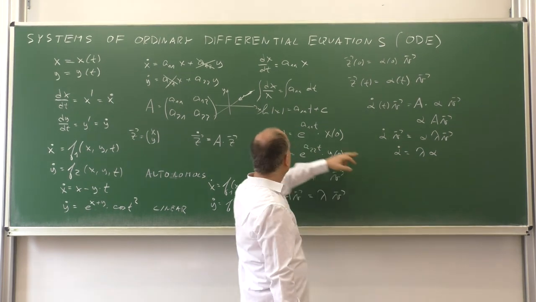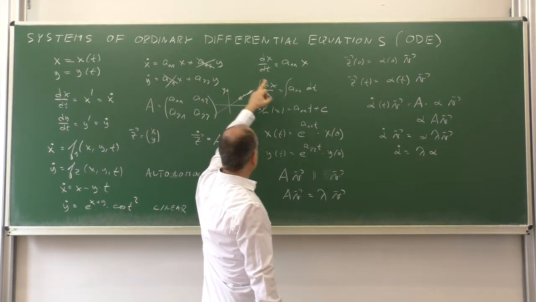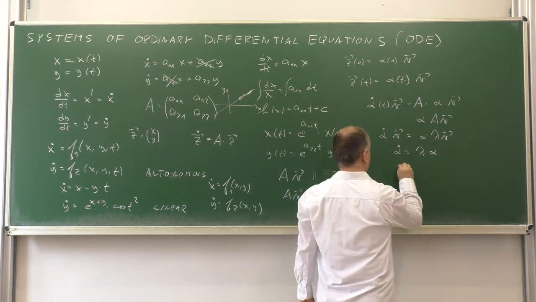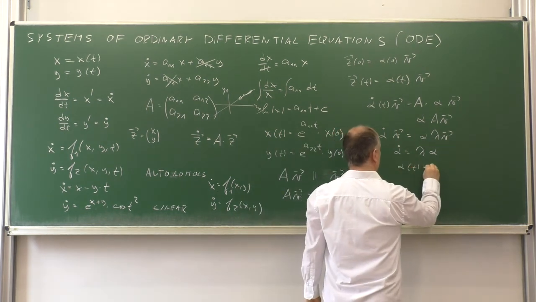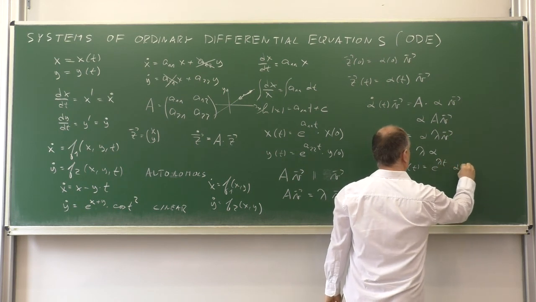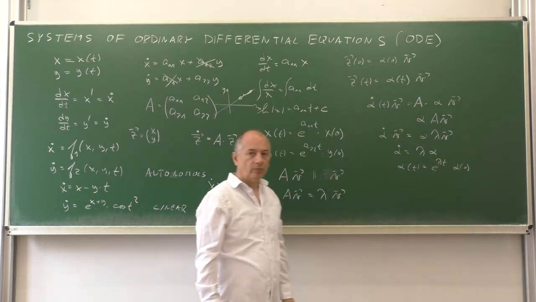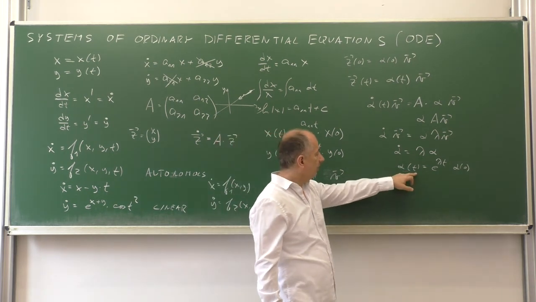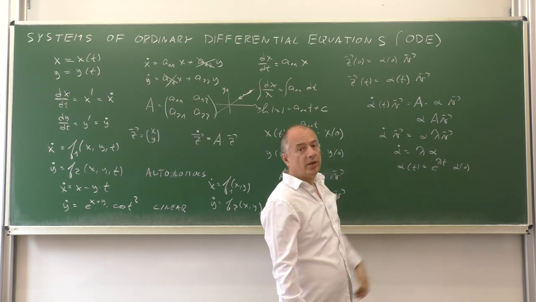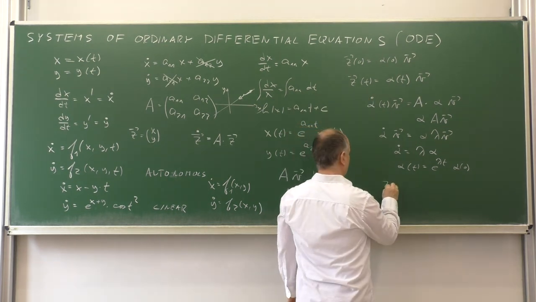But this is a similar equation to the previous one, and we can use separation, and we arrive at the solution alpha at t being e to lambda t times alpha at 0.